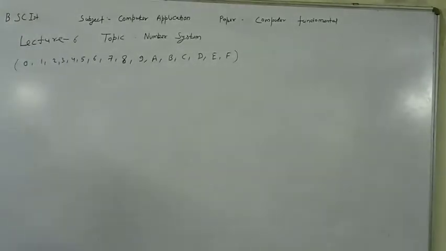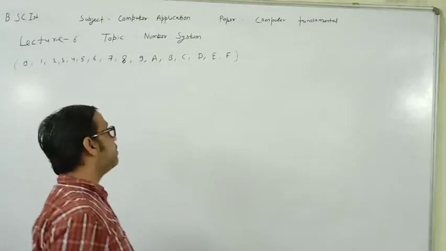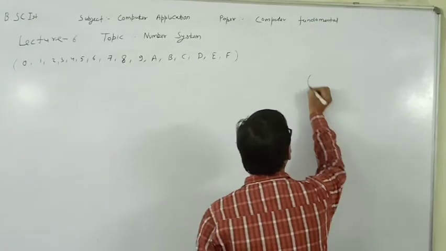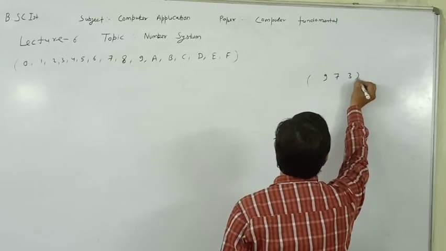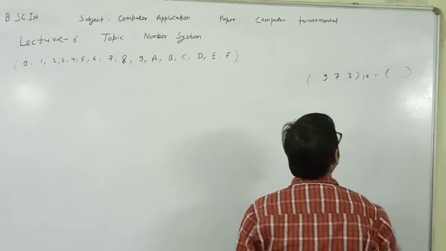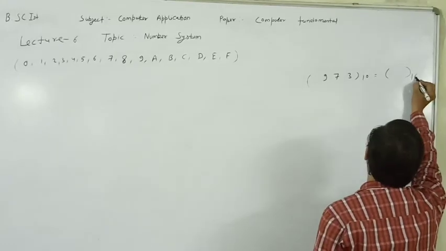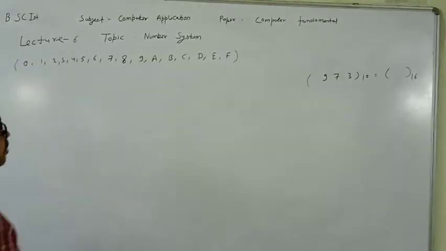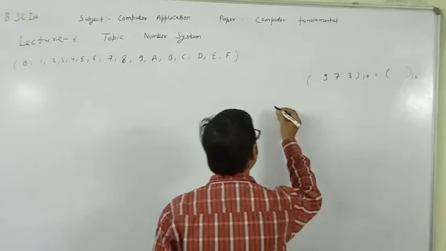Now we take an example: a number in decimal, and you have to convert this number into a hexadecimal number. Now we take the number 973. This number is in decimal, and we have to convert it into hexadecimal, which has base 16.